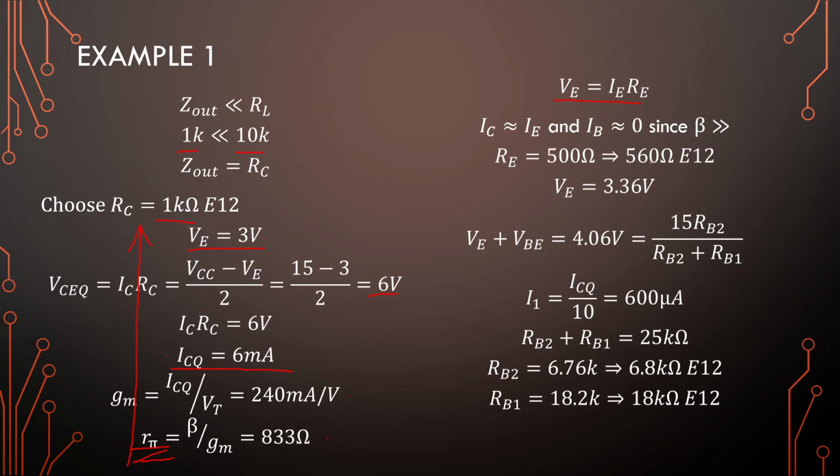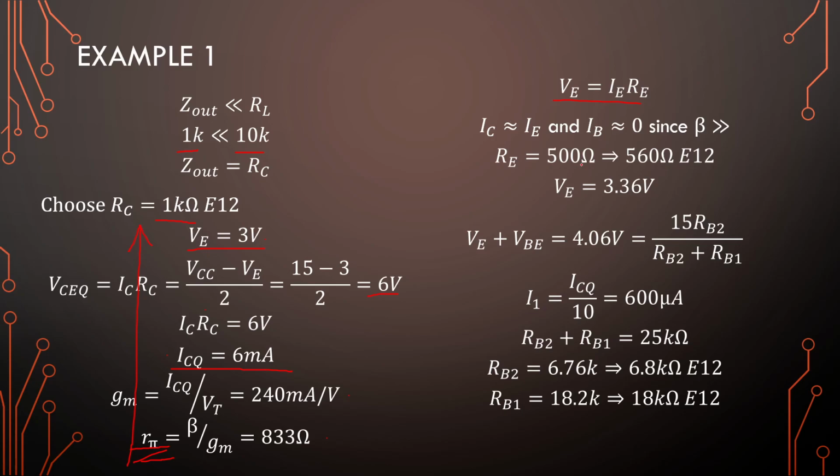Okay, in general, when selecting resistors like the emitter resistor, I will not recalculate something like the VE voltage. I will just continue working with the voltages that I selected. I am just showing that for a more accurate result in the end, you can recalculate some of your values after you have chosen a component.